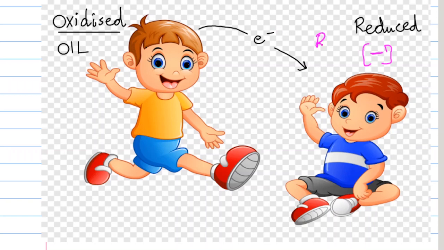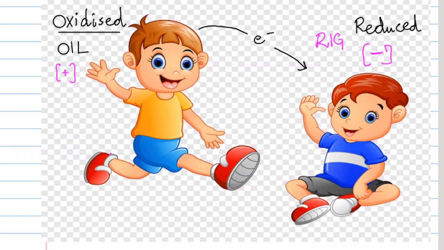The concept is that reduction is gain of electron and decrease in oxidation number, so it gets the negative charge, whereas oxidation is loss of electrons, and after losing the electron, there is an increase in oxidation number, right? It will gain positive charge.